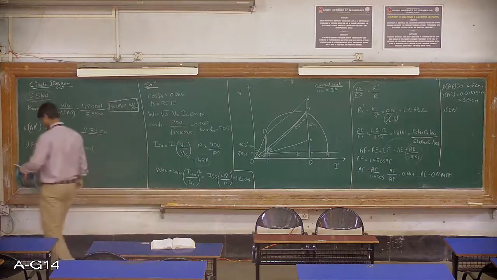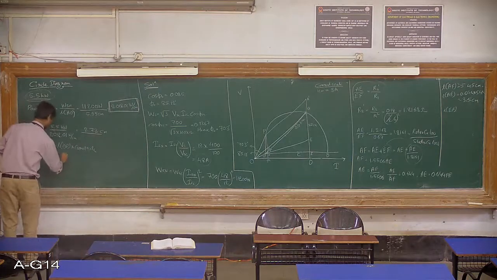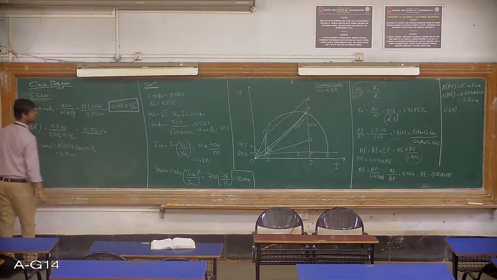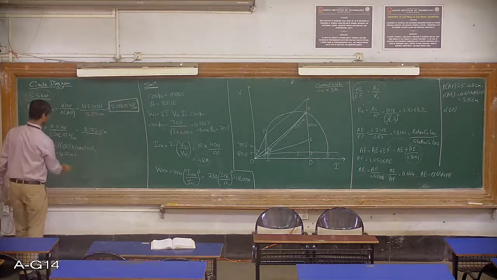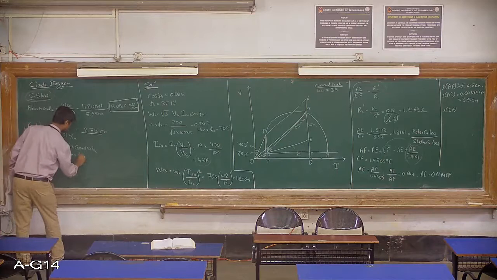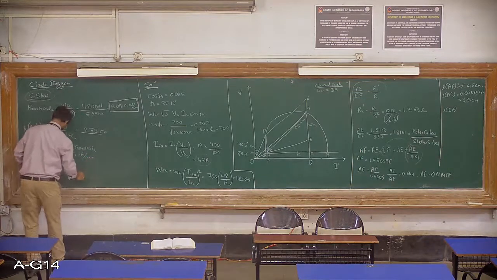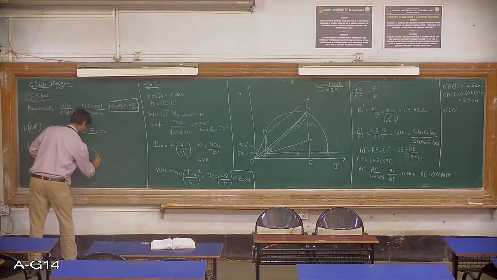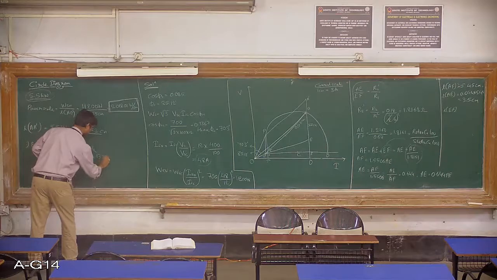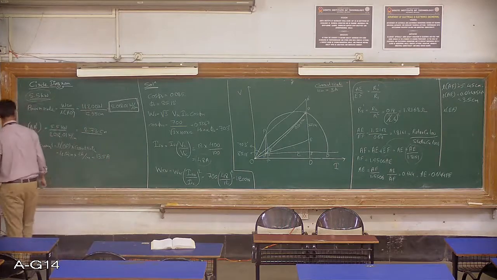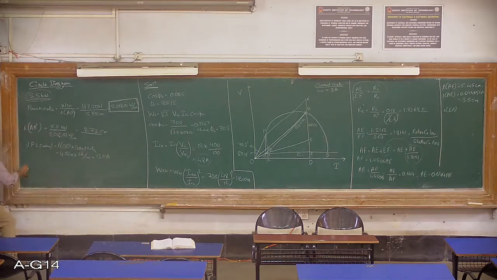I have got the length of OP as 4.5 centimeters into my current scale. Here it is 3 amperes per centimeter. So it will be 13.5 amperes. Now the second point they had asked us to calculate was full load slip.